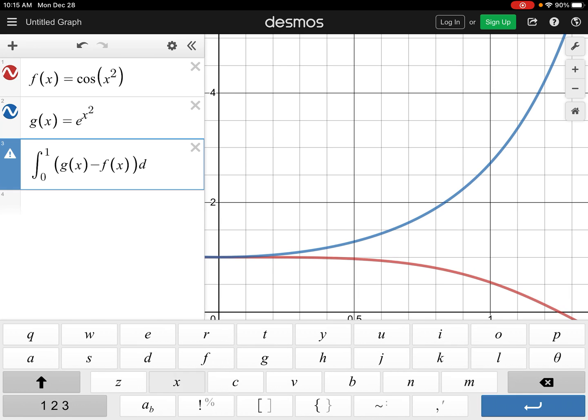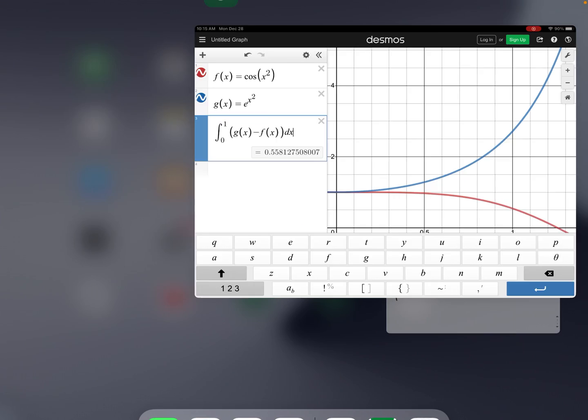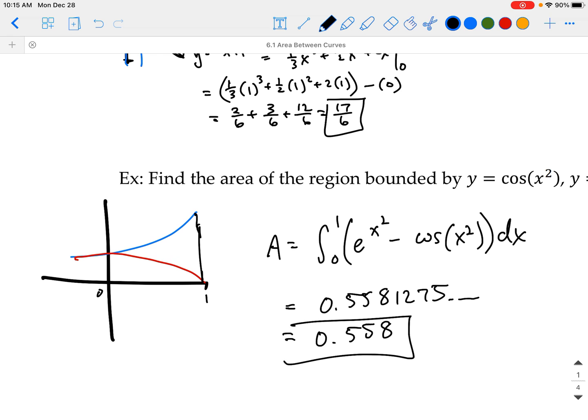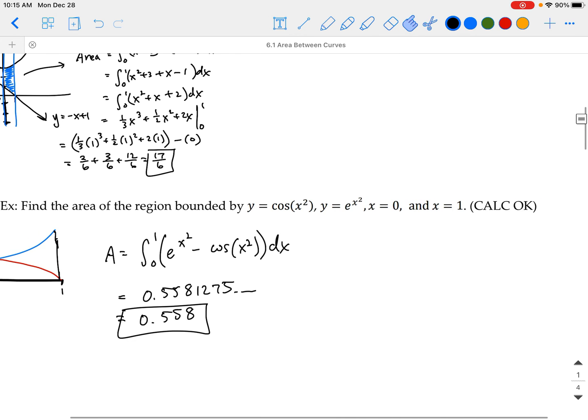And then dx. And so what we end up with is 0.5581275. And we can go on from there. But for AP, you can always round to 3 decimal places. So we'll use 0.558 as our answer.